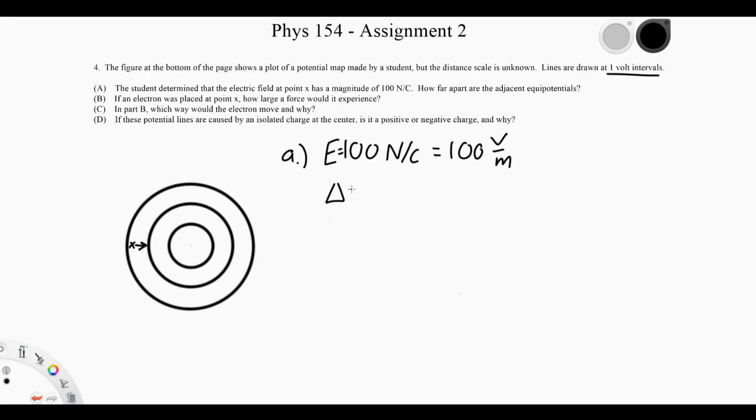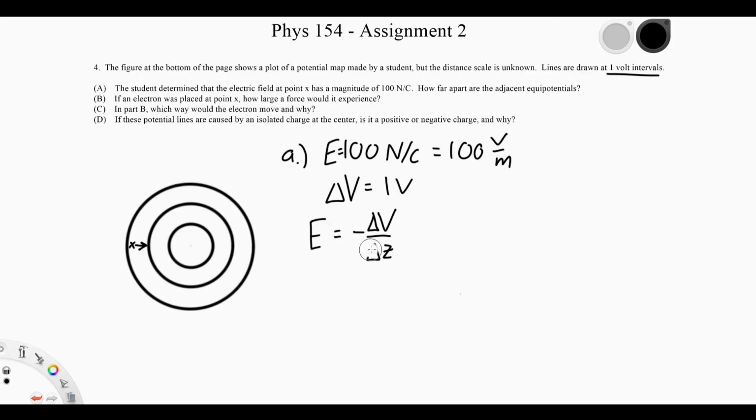So that means our delta V is equal to 1 volt. So the equation we want to use here is E is equal to negative delta V over delta Z, which is just the same exact equation as negative V over D. It's just a different way to write the potential difference and the distance.